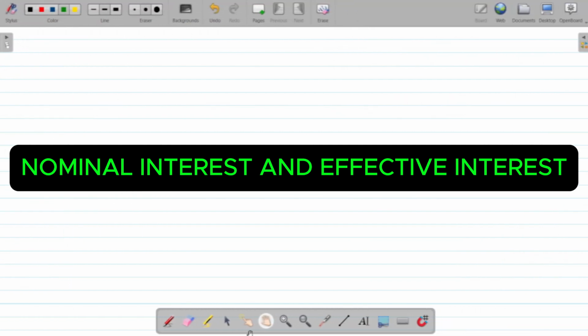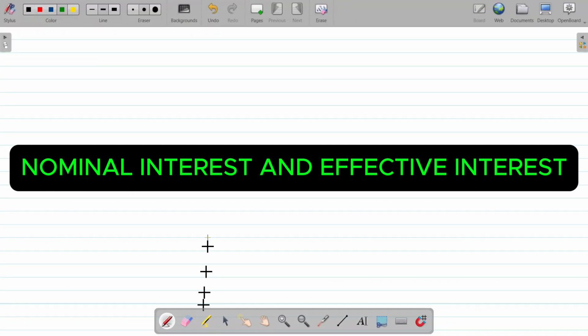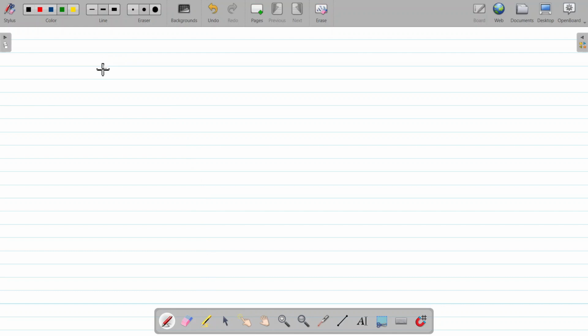Now, there is also nominal interest and effective interest. Nominal interest versus effective interest.